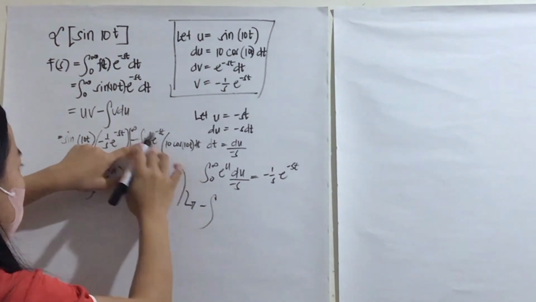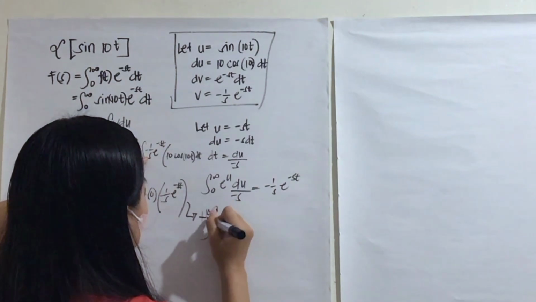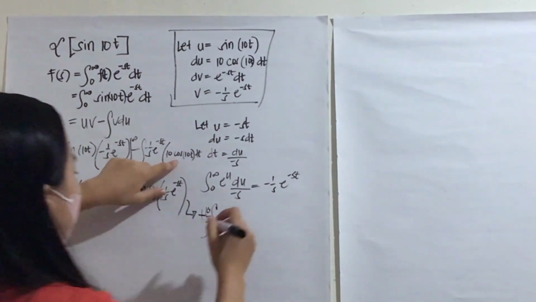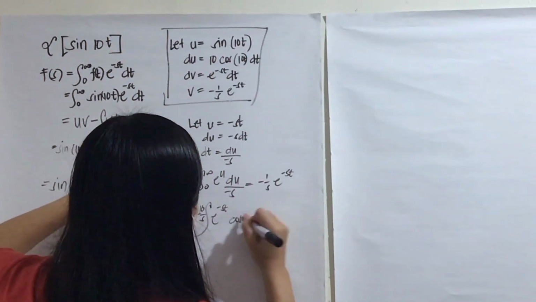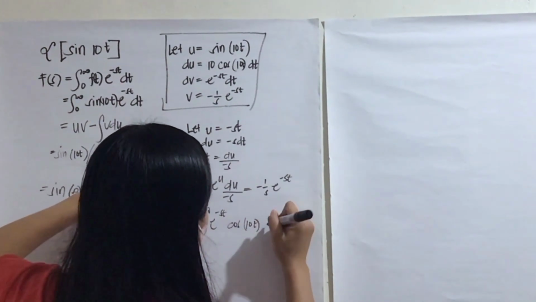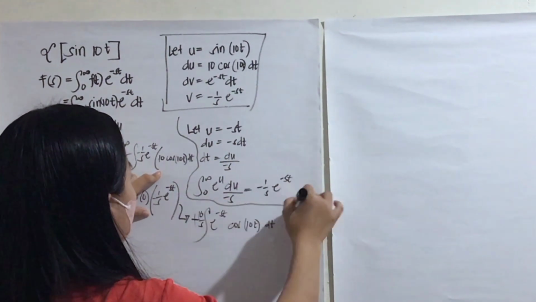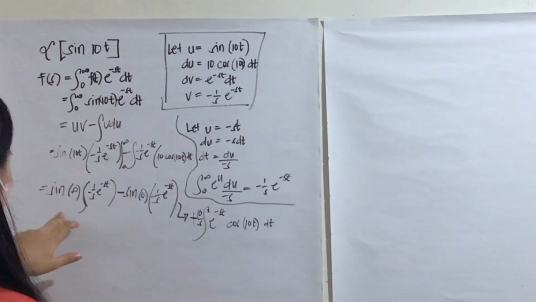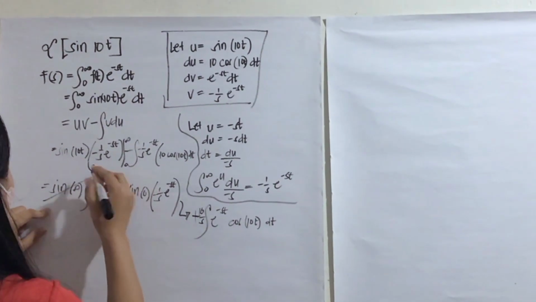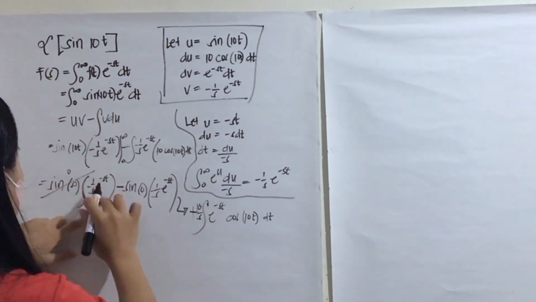So multiply, it will become negative 10 over negative s, which is equal to positive 10 over s, and e raised to the negative st cos 10t dt. I will make the border dt and then simplify. So this will become 0 and also 0 because of this term.